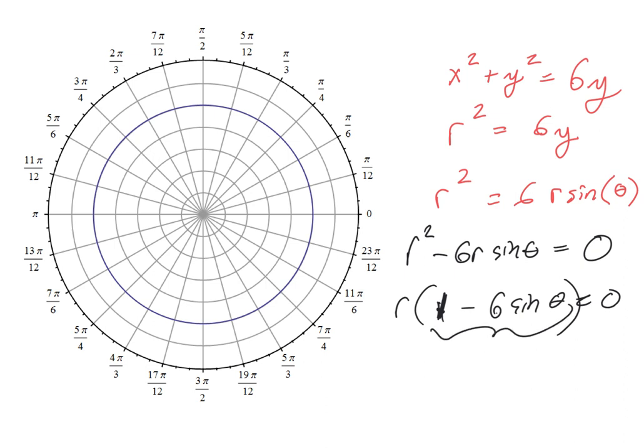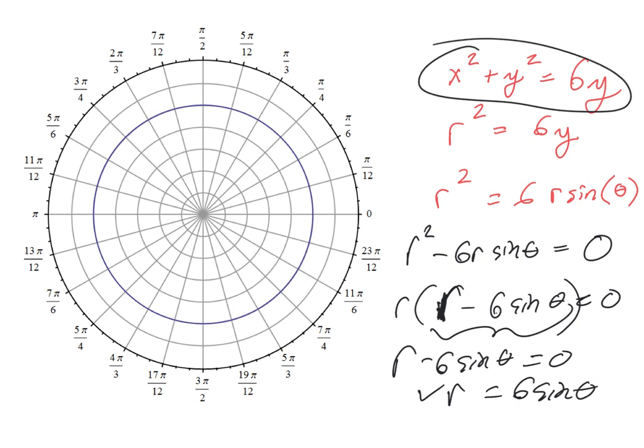Sorry, that's not a 1, that's an r. There we go. So when r minus 6 sine theta is equal to 0, my equation then would be r equals 6 sine theta. All right, check. So this equation in a Cartesian coordinate system is this equation, one more down, in polar coordinate system.